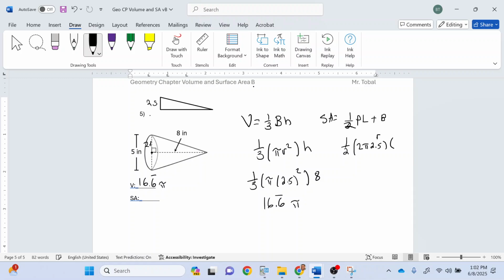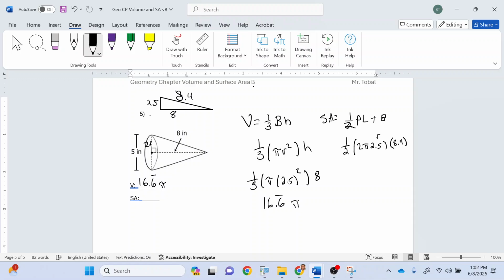I need to find the hypotenuse. So 2.5 squared plus 8 squared, and then square root that. It's going to be about 8.4, so this is 8.4-ish.